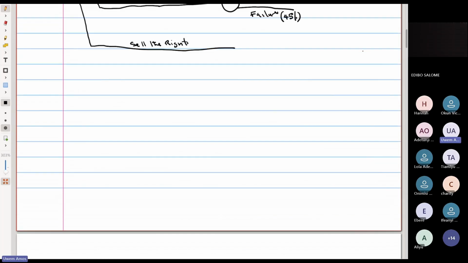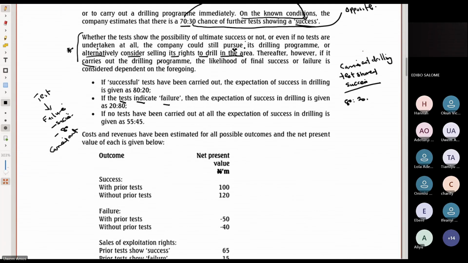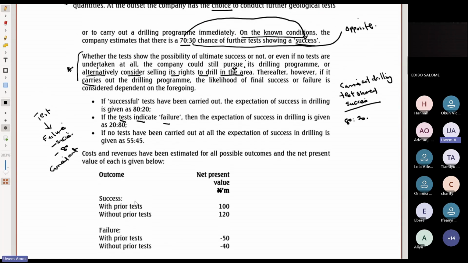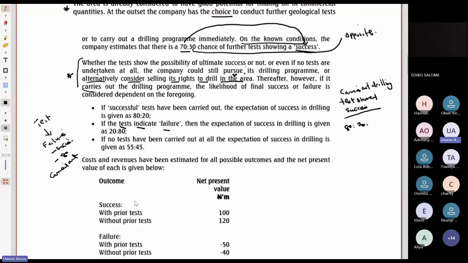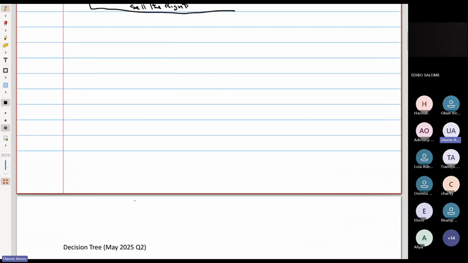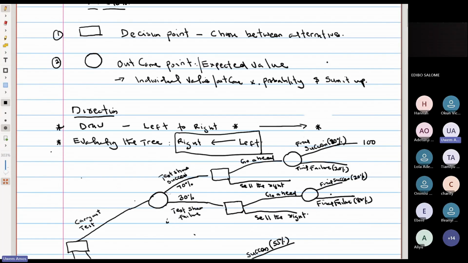Next line is, we are successful, but we did not carry out any test. Our NPV is 120. So let's go back. Where did we not carry out any test and we are successful? Oh, sorry, so we did not carry out any test, but we are successful.